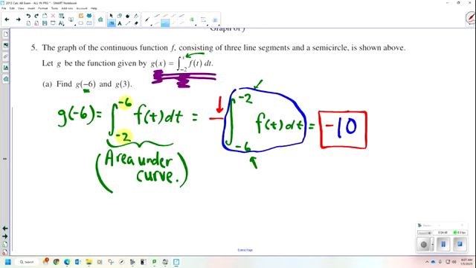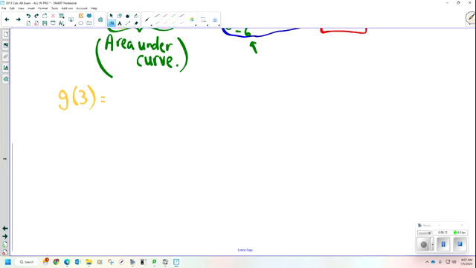But we're not done. We need to still find g of 3. So let's go, ooh, I use all my little fancy colors. Orange. Okay, g of 3. I'm going to put this down here. And it's the same thing as g of negative 6. Okay, let's get a little bit more room here.